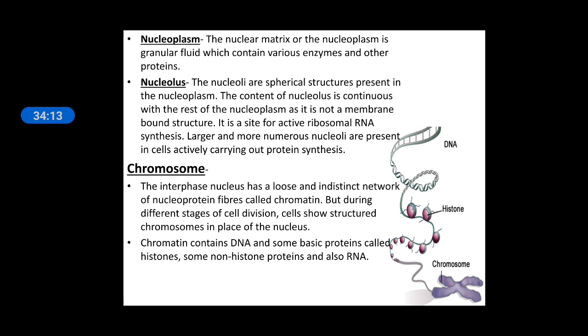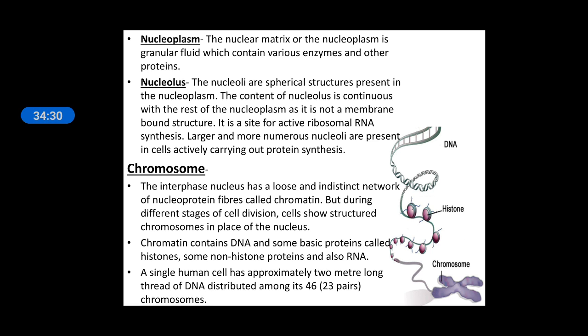The chromatin contains the DNA. Actually, chromatin is DNA and some basic proteins called histone proteins, and along with that, some non-histone proteins and RNA are also present. A single human cell has approximately a 2-meter long thread of DNA which is distributed among its 46 chromosomes, or 23 pairs of chromosomes.